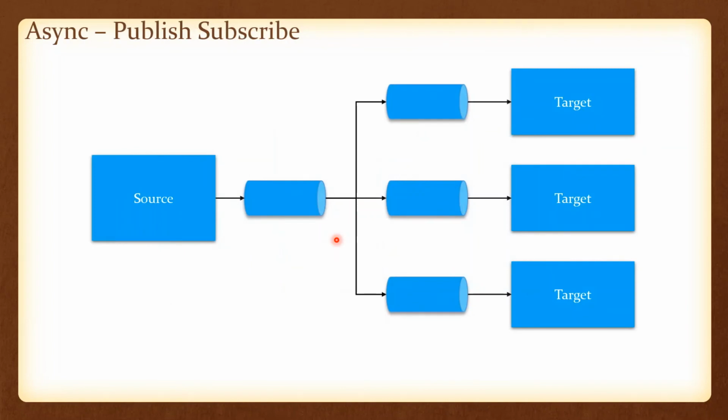Next we have the publish subscribe pattern. To understand this, let me take an example. Suppose you have two kids in your house, and you have a subscription of a book or maybe a magazine, which the kids require the knowledge of to appear for the exam.